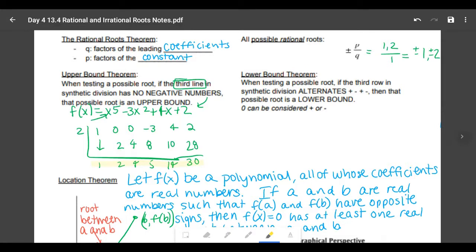All right, if I want to test a lower boundary, I'm going to pick a lower number. So let's say negative 1. Let's test that with synthetic division.